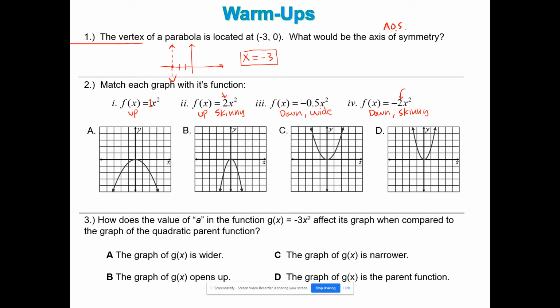Here we have a graph that's going down, and I would say that it's wide. Here's a graph that's going down, and it looks pretty skinny. Here's a graph that's going up, and maybe it looks wide, maybe not, almost looks normal. But this one's going up, and this one definitely looks skinny.